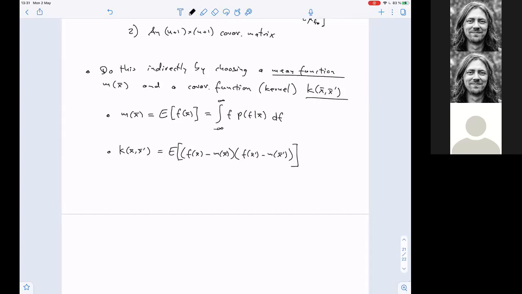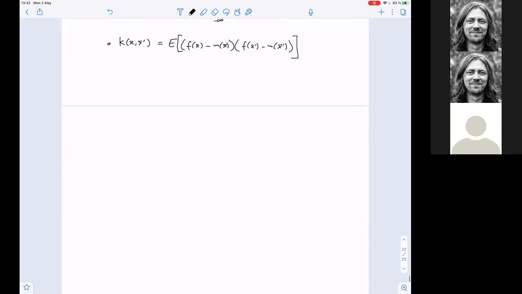And so to define a GP, we'll have to choose a mean function, we'll have to choose a covariance function. As it turns out, the choice of mean function is typically not so important. The choice of covariance function is very important.